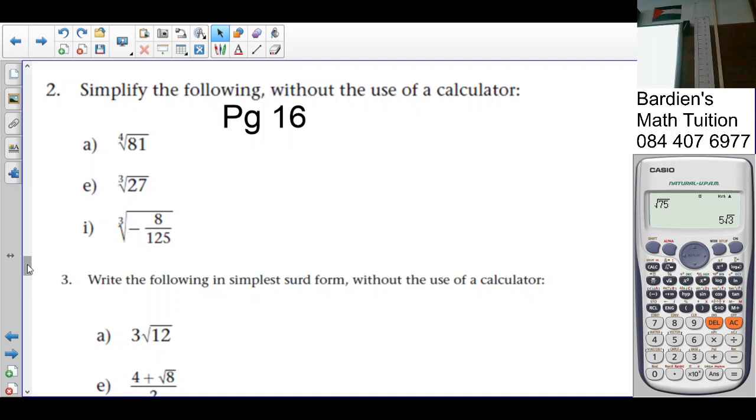So 81 is a perfect cube. Did you guys get it? Any mathematicians? Good.